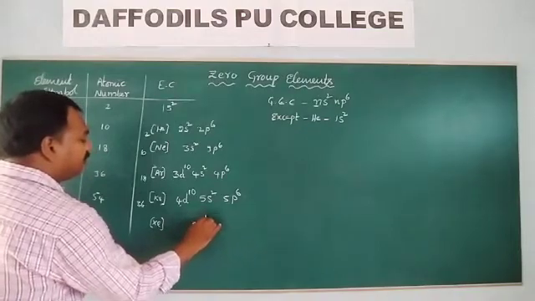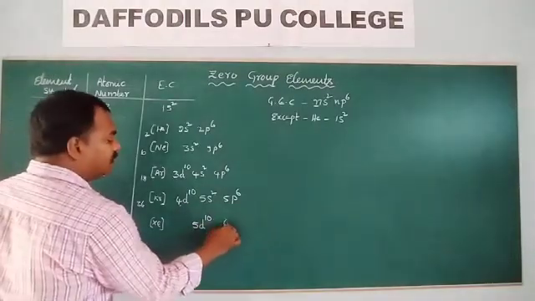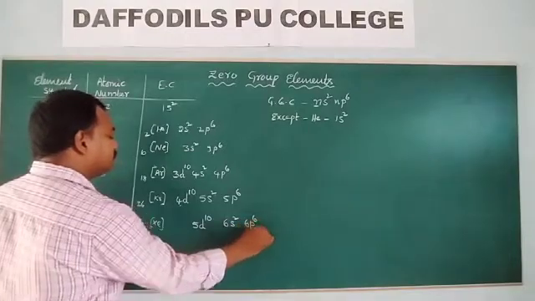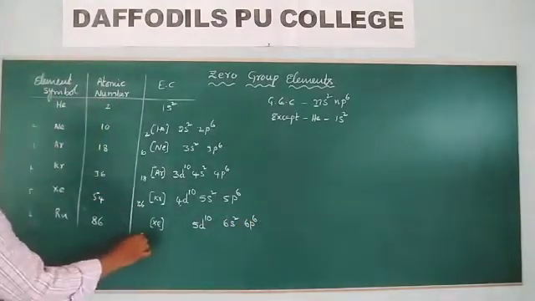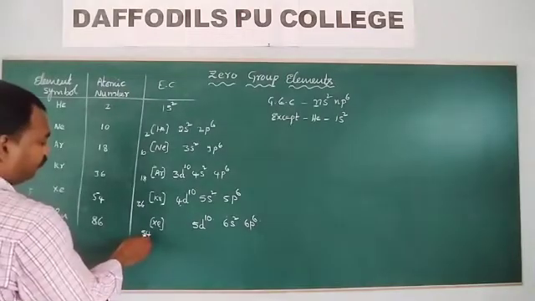So I am writing the d block electronic configuration 5d10, which means 6 minus 1. The general electronic configuration is ns2 np6.